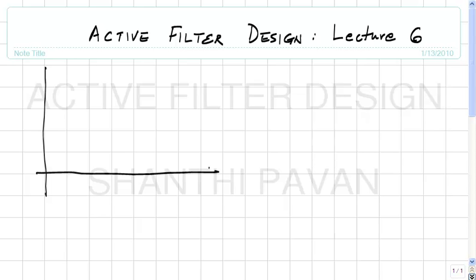Here the specification is the dual. So in the inverse Chebyshev, you want the transmission of the filter not to exceed a certain maximum.